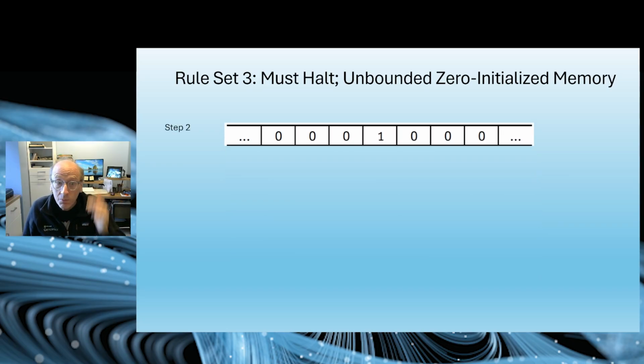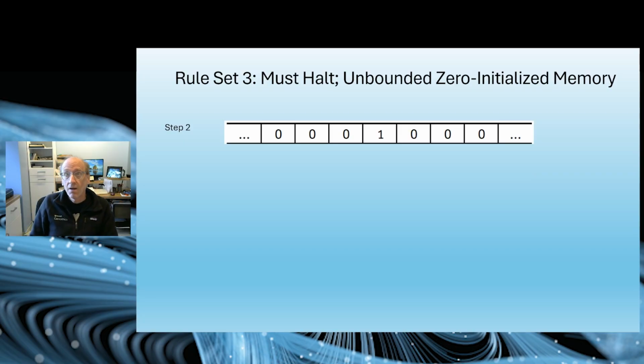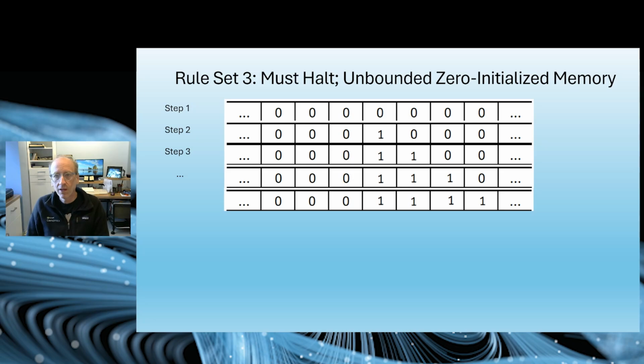I won't keep writing the program, but let's think about how we can look at the results of the program. At each step, we have a generation of our tape. We can think about the previous generations and keep running and see what the generations to come are.